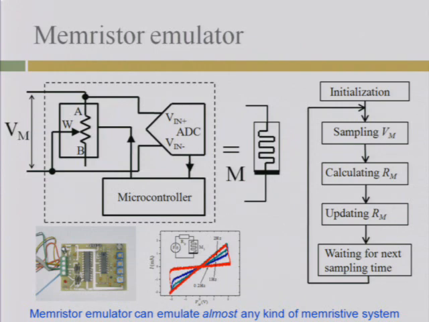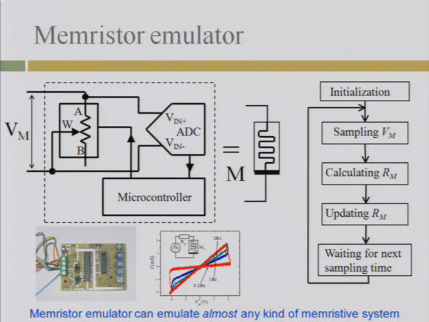This circuit also contains an analog to digital converter, which allows reading the voltage applied to the Mem-capacitor, and a microcontroller, which contains a program, and this program calculates the value of resistance of the digital potentiometer according to a pre-programmed equation. We can program any equation, therefore we can obtain almost any possible Mem-capacitive system.